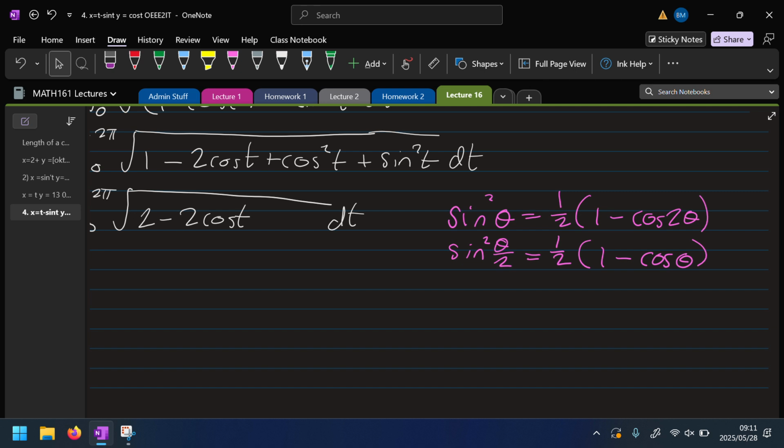We want that to become a 2. So let's multiply both sides by 4. So we got 4 sine squared theta over 2. And then the 4 over 2, that's going to become a 2. And we end up with 2 minus 2 cos theta. Okay, which is what we need for our integral here.